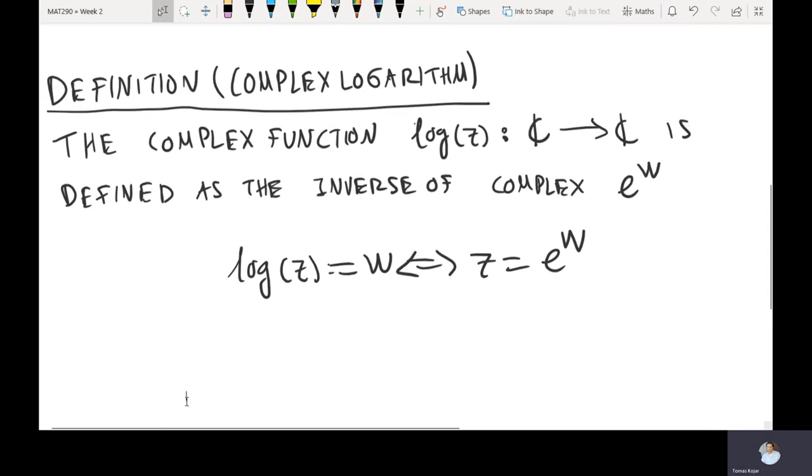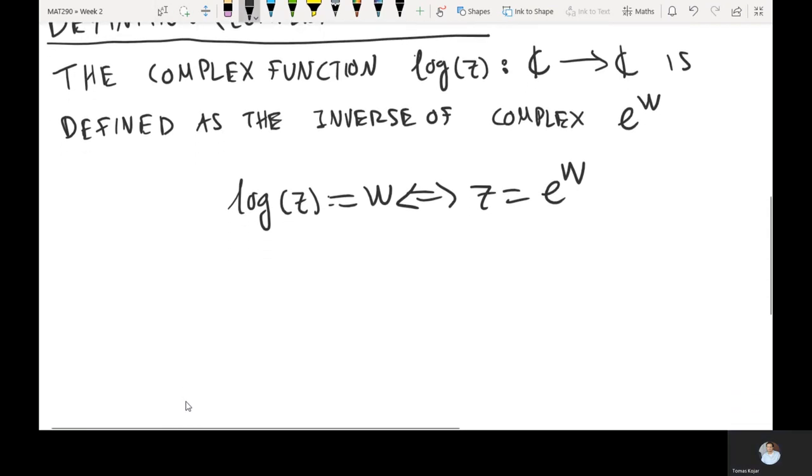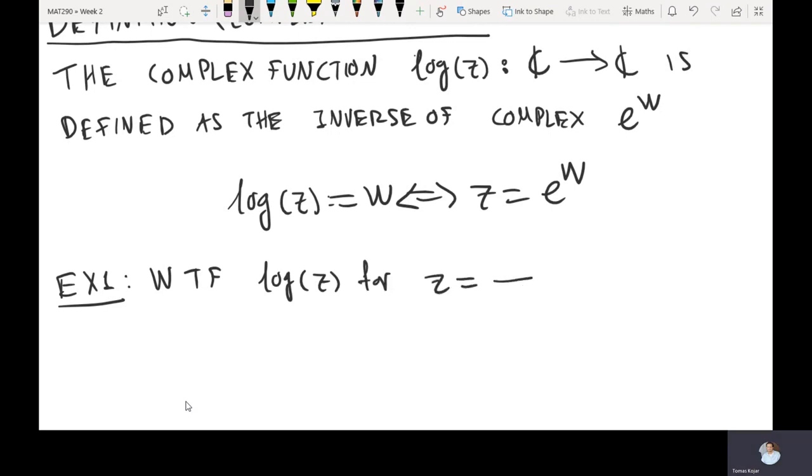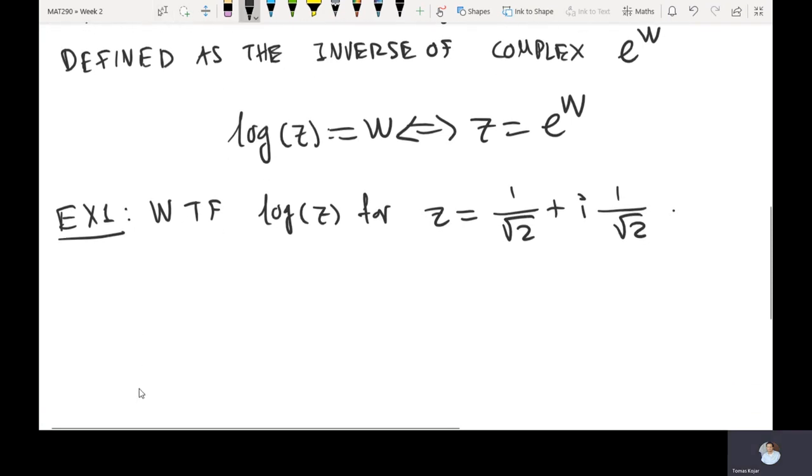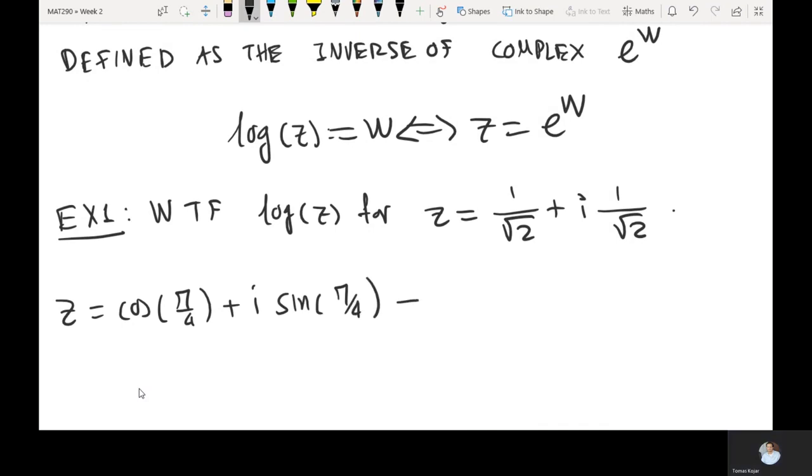So let's do some examples. Want to find log of z for z equal to 1 over square root 2 plus i times 1 over square root 2. So we observe that z is equal to cosine of pi over 4 plus i sine pi over 4. And so it's equal to e to the i pi over 4.